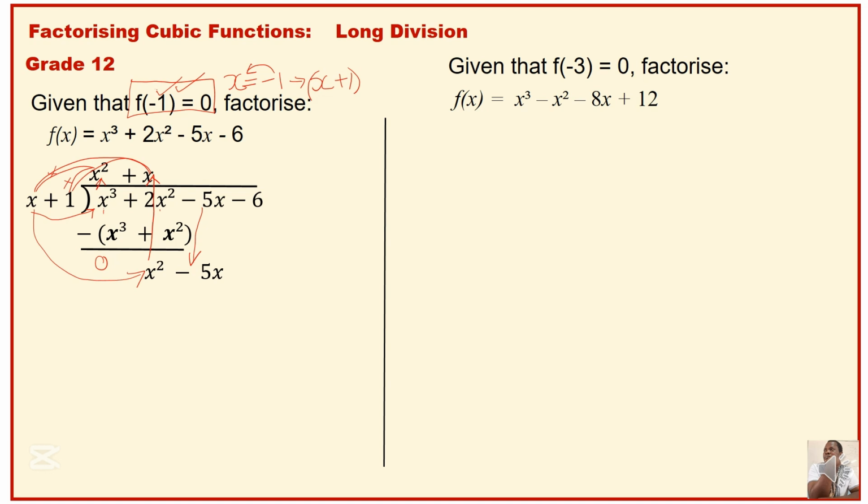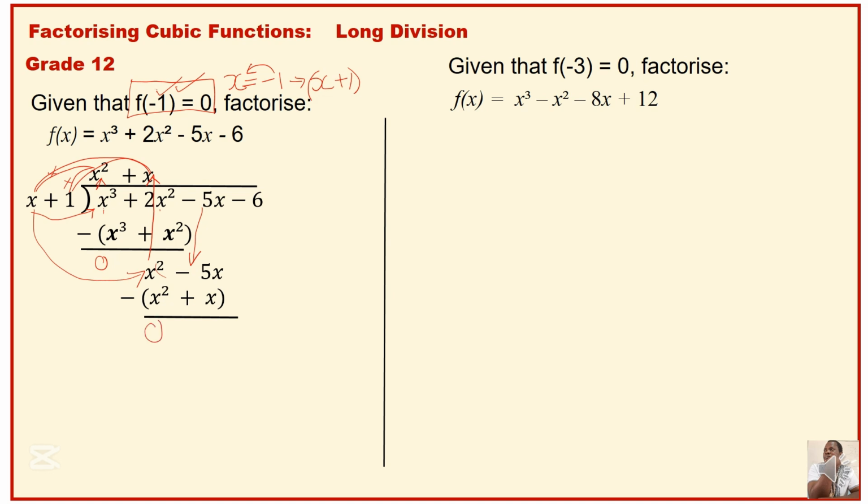So we're going to have x times x, that's x squared. X times 1, that's equal to x. So I get x squared plus x. Then I subtract again. Now, when I subtract here, x squared minus x squared is going to give me 0.